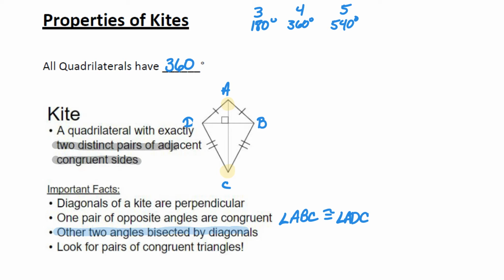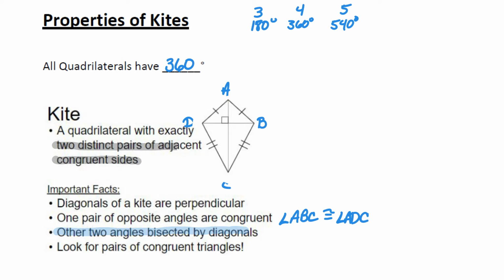So the resulting angle measurements here: here is equal to here, and here is equal to there. We're going to double mark those two things because we have two congruent angles, but they're not congruent to each other.